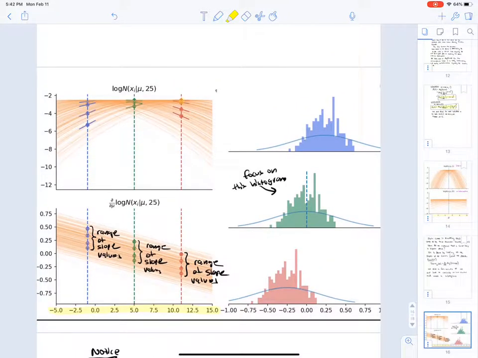On the right, I'm making histograms of these different scores, and let's concentrate on the middle green one. It's centered at 0. There are some negative scores and some positive scores, but it's a fairly nice distribution.